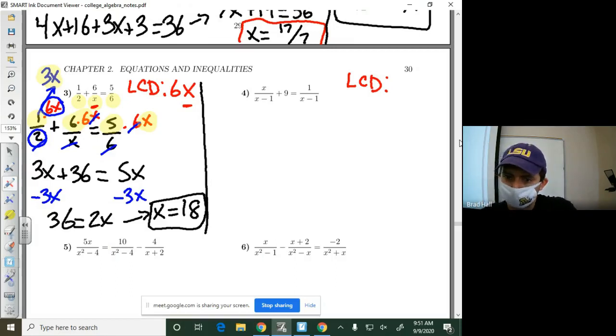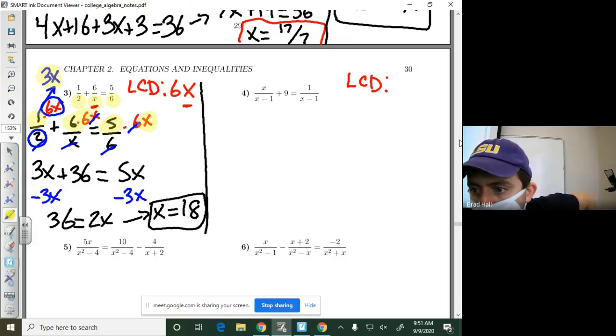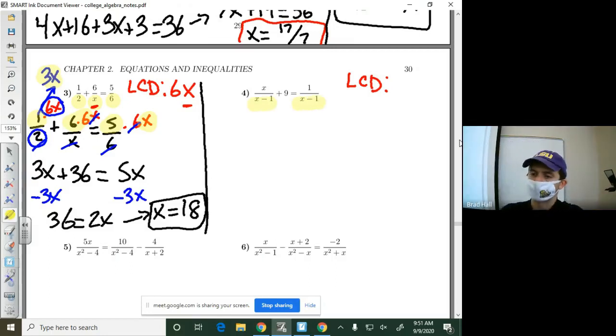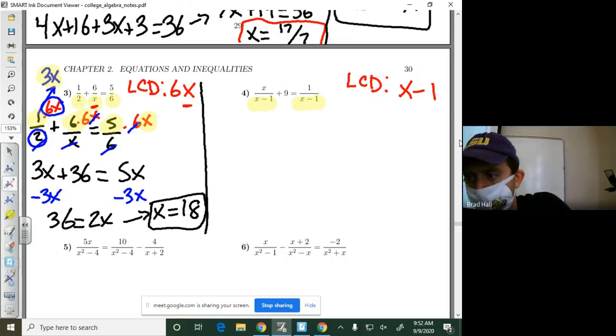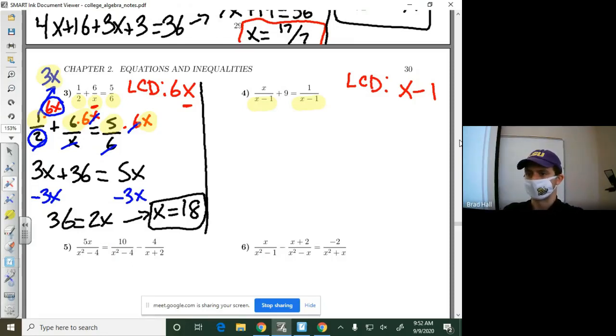The question is, what's the least common denominator? Well, we only have one denominator. That's not 2 denominators. That's one concrete denominator with 2 terms in it. So the one denominator is x minus 1. So naturally, the least common denominator has to be the only thing there, the x minus 1.